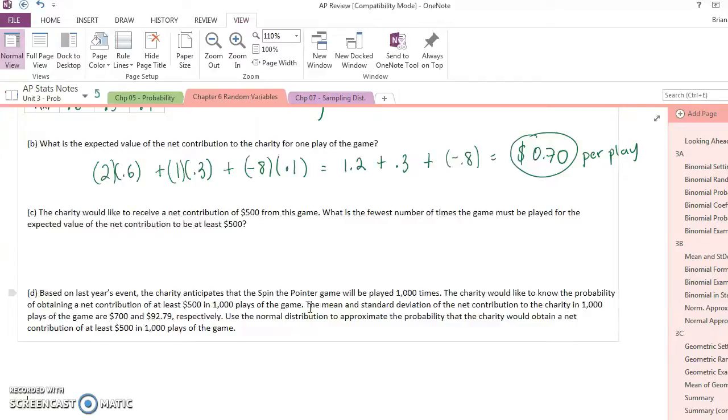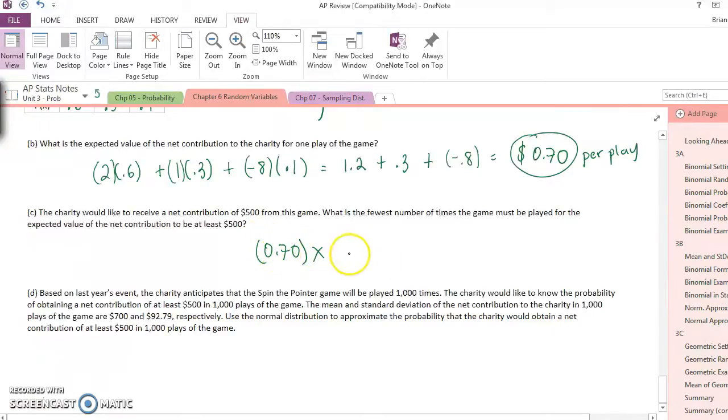We know that in order for the expected value to be 500, it would have to be multiplied by some sort of constant. So this is the expected value of one game, and it has to be multiplied by some constant in order for the expected value to be $500, right?